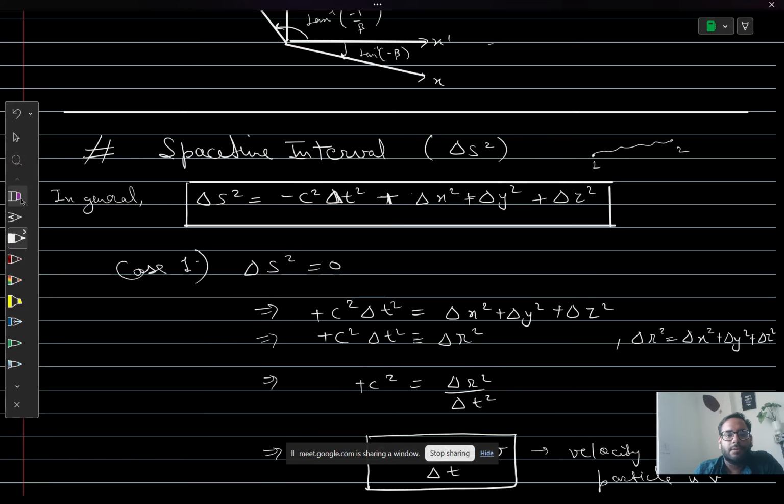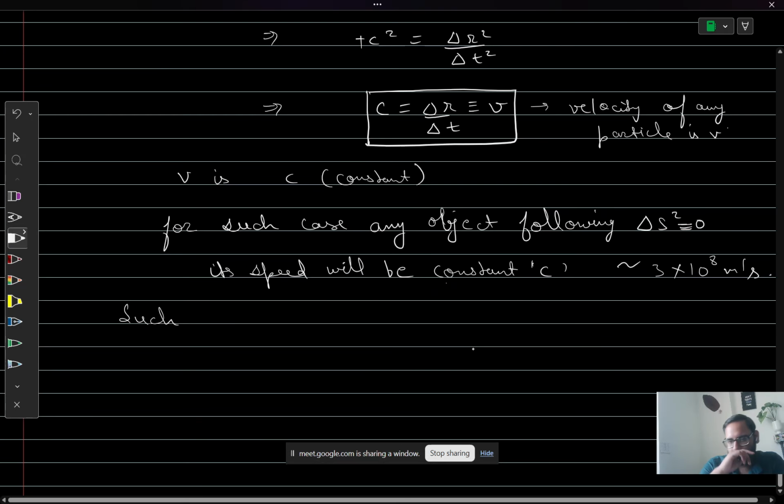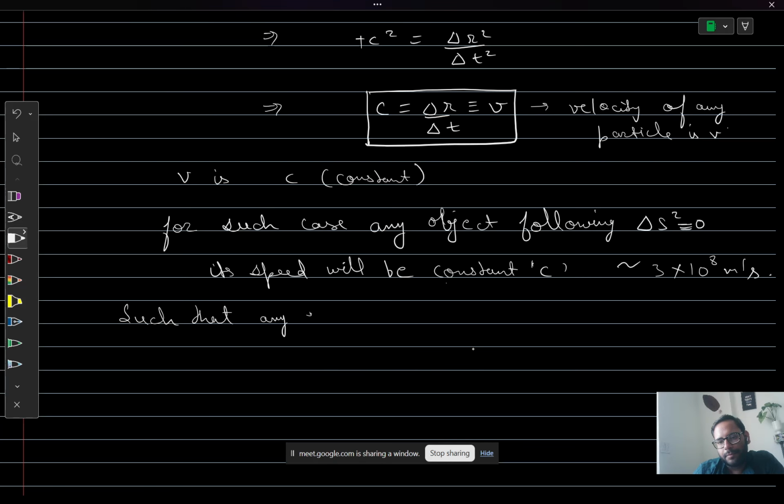So that's why you are describing this in the interval form. So you can consider any two events following delta x squared equals 0.